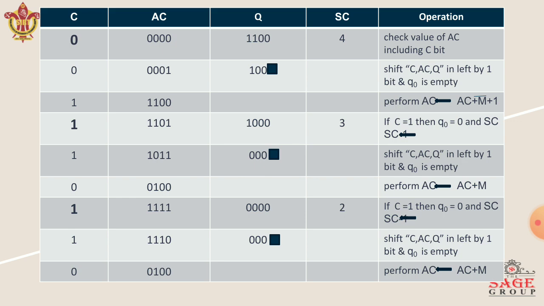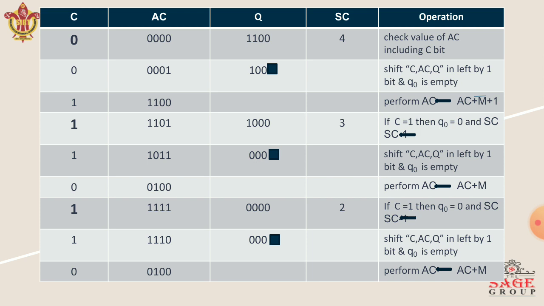Now we have found all the values to solve the question. So start to solve the question. Firstly, arrange the data in that particular format: C, AC, Q, SC and operation.